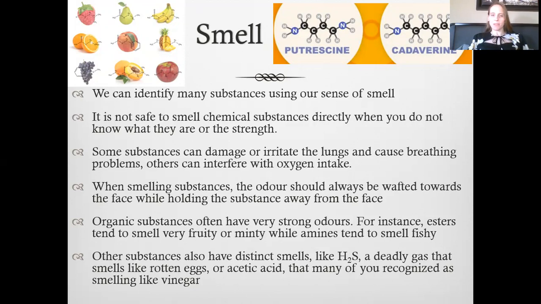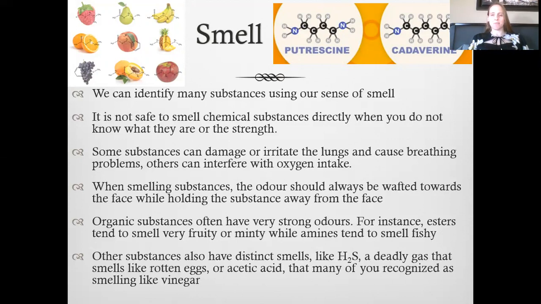But other chemicals are safe to waft towards you, and organic chemicals in particular have very, very strong odors. Esters, which are a class of organic molecules, tend to smell either fruity or minty. Amines, which are another class of organic compound, tend to smell really fishy. Things like hydrogen sulfide, which is a deadly gas, tend to smell like rotten eggs.